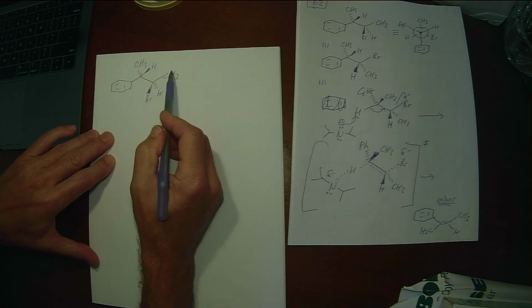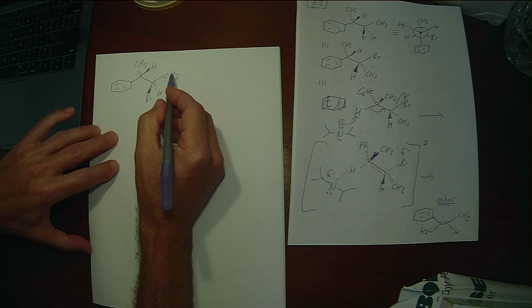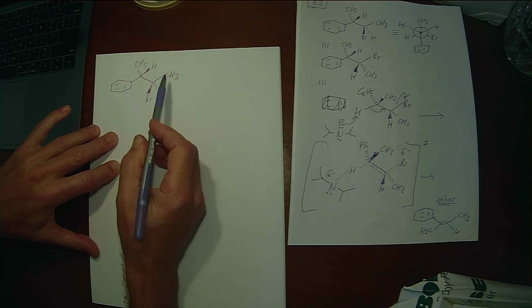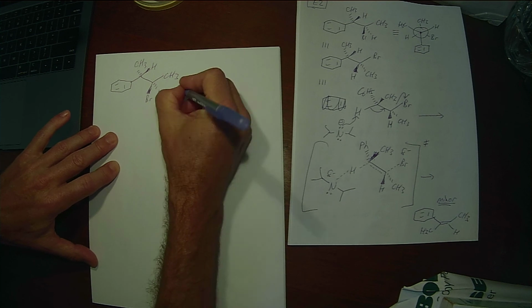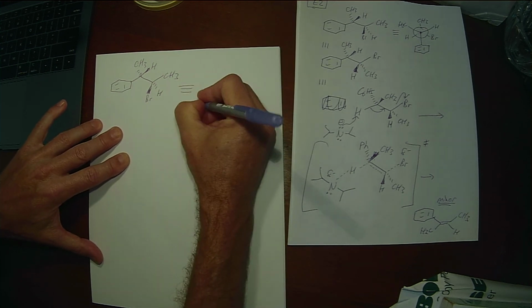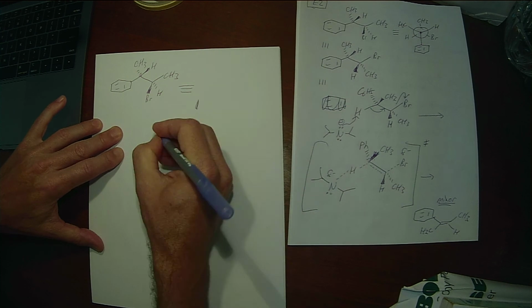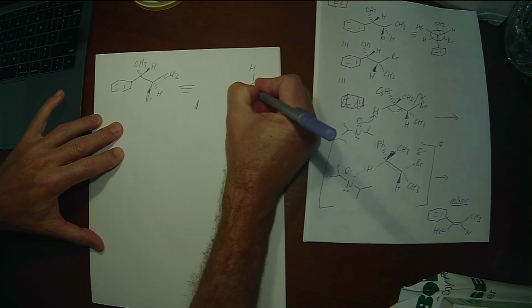In this case, what I want to do is leave the methyl group alone, right? So that the methyl group is kind of where it needs to be, but I need this bromine to be here. So I need to redraw that molecule so that the methyl group is here. So I have my hydrogens on my methyl group.